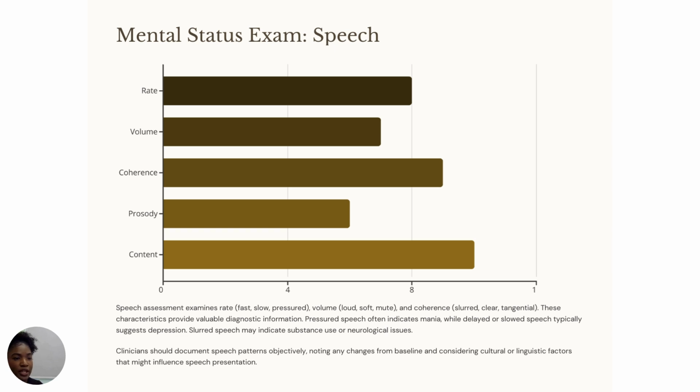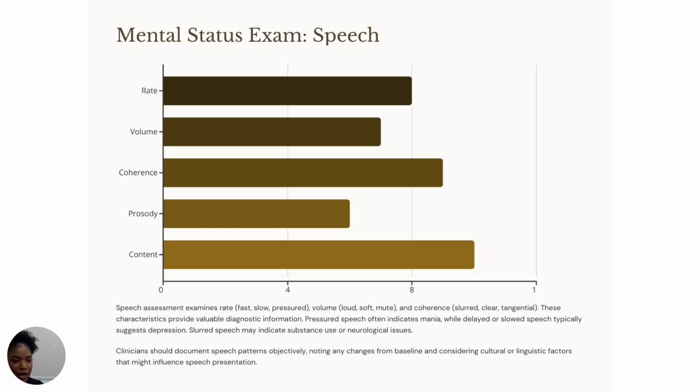Now, in the mental status exam, speech is important because this is how we document their patterns objectively, noting any changes from baseline and considering cultural or linguistic factors that might influence their presentation. So, look at how fast or slow or pressured, and their volume, how loud, soft, or mute. Is what they're saying coherent?